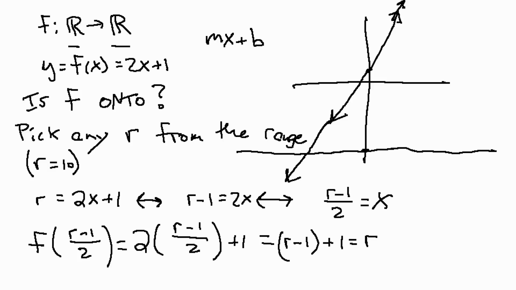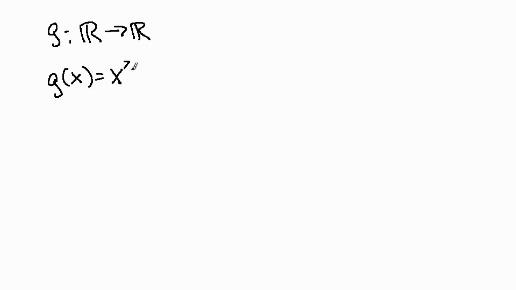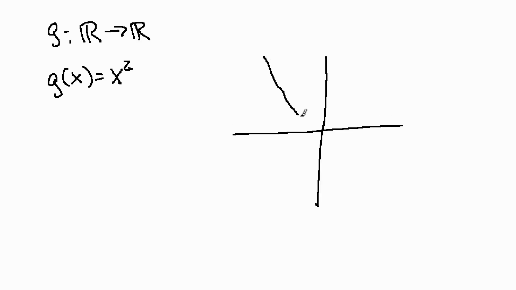But let's go back and look at one more example that we had before. Again, this was G, which was mapping R to R. And we said let G of x equal x squared. Now you may recall we drew a picture of that. And we said it was a parabola. It looks something like this.